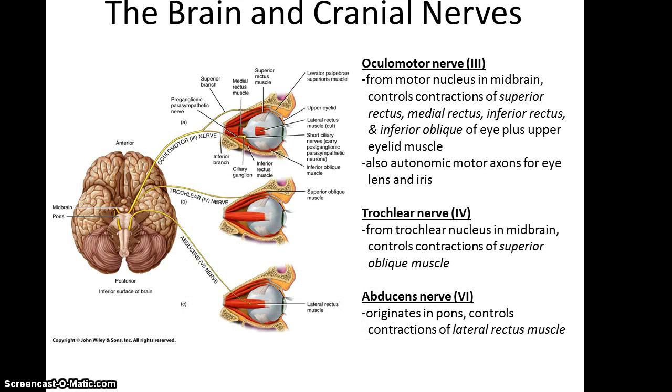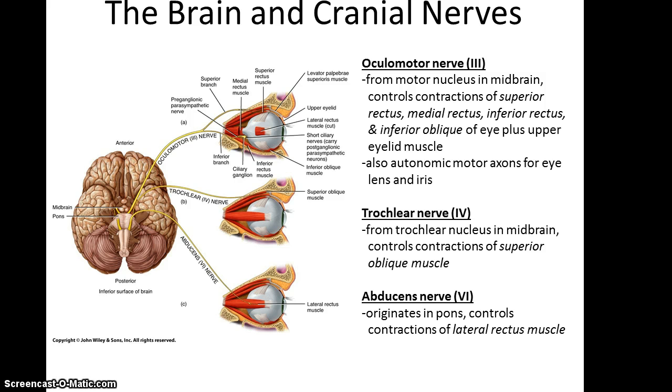Alright, we have oculomotor nerve 3, trochlear nerve 4, and abducens nerve 6. These nerves all control muscles that control the movement of the eyeball. So the oculomotor nerve, number 3, controls the function of the superior rectus, medial rectus, inferior rectus, and inferior oblique muscles of the eye, plus the muscle that helps control the upper eyelid.